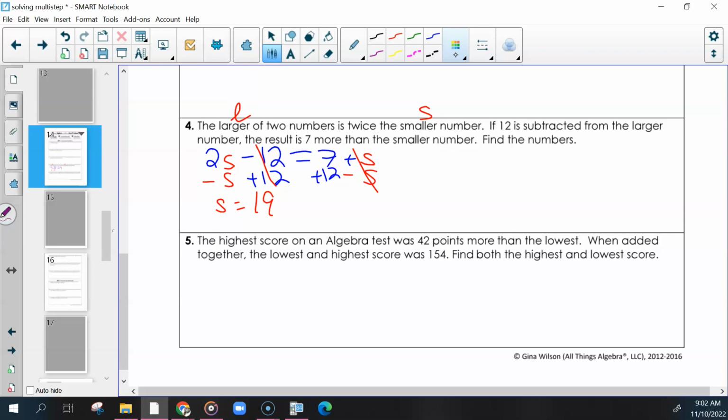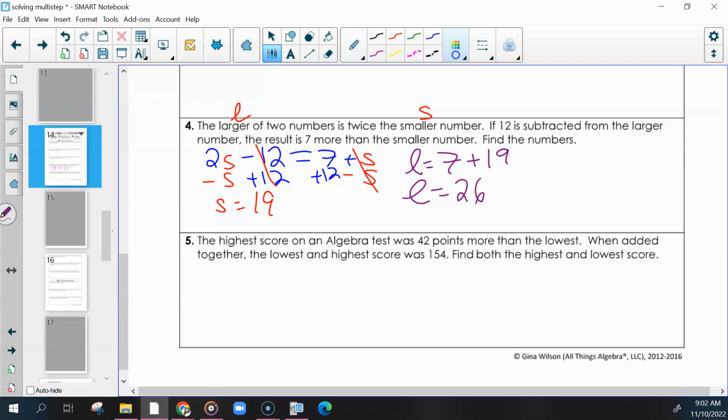I'm going to choose this one because it'd probably be a little faster. So whatever that is will equal L. What is L? 26.